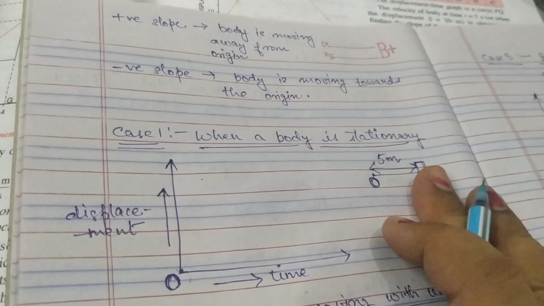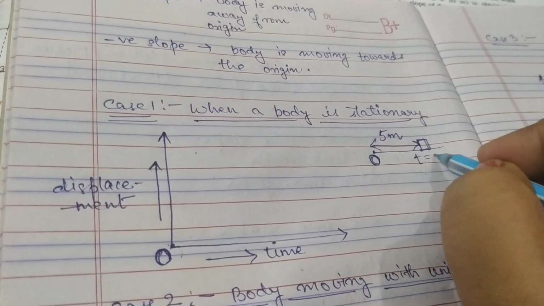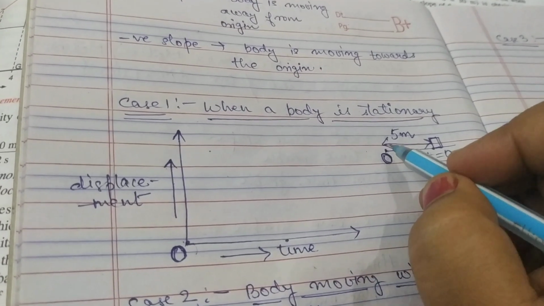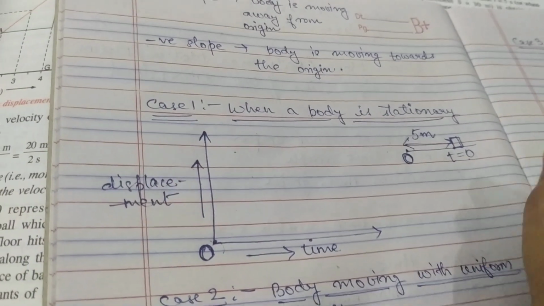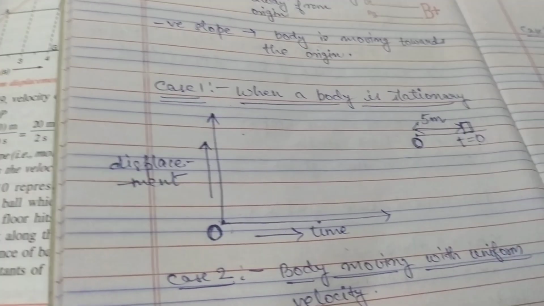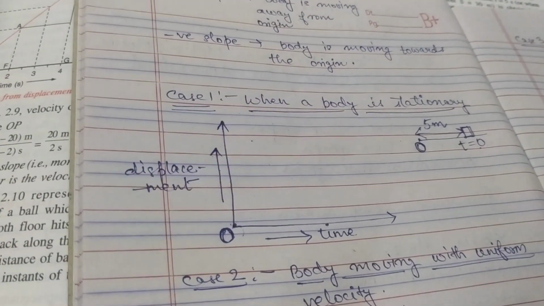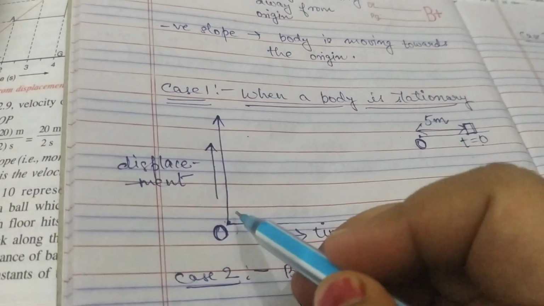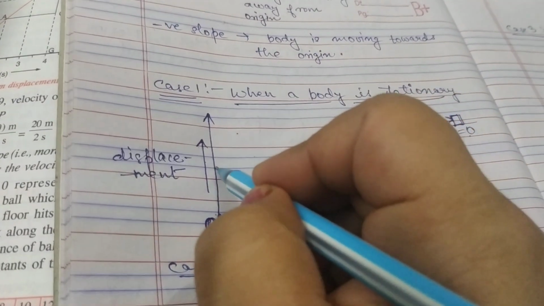The moment we started to study this, that moment, that is t is equal to 0, at that point its distance from the origin was 5 meter, and from that point only we are watching it as stationary. Okay, so time will keep on passing, but the body is not moving, right? The body is not moving. That means at time 0, the displacement was 5 meter.